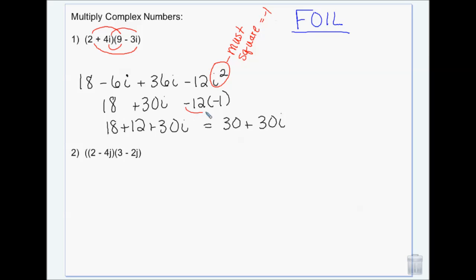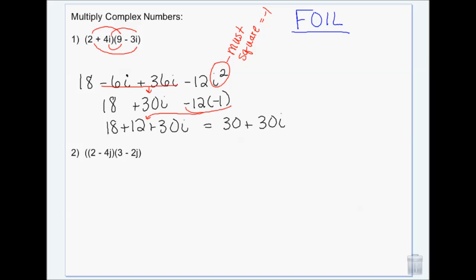So this came right there. And then negative 6 plus 36 is where I got the 30i. And then 18 plus 12 gave me 30. Oh, okay. Negative 6 plus 36 is just 30i. Right. Okay. Let's do another one.